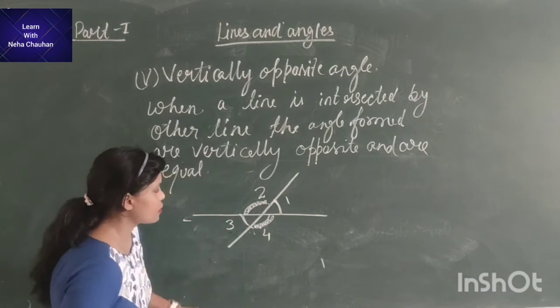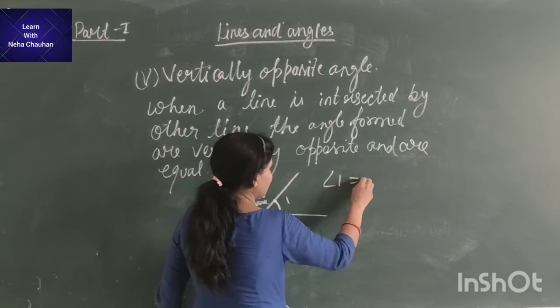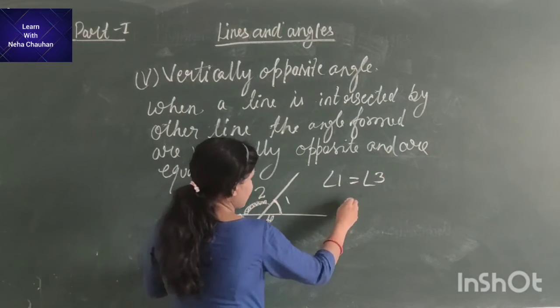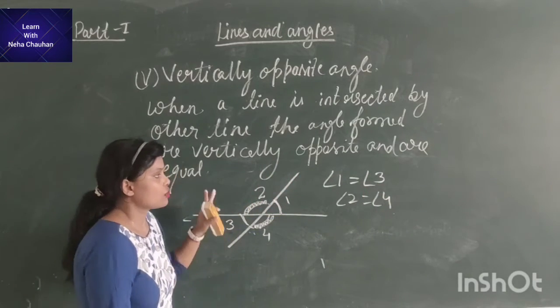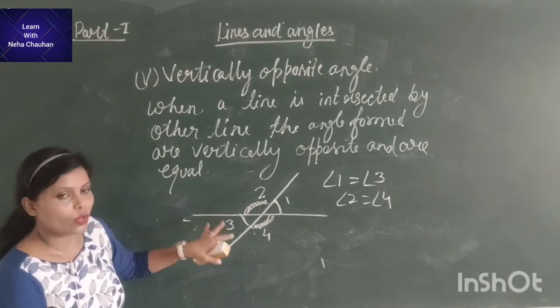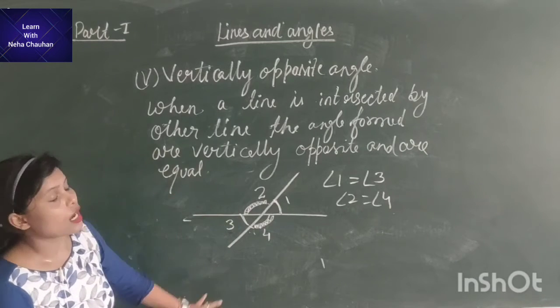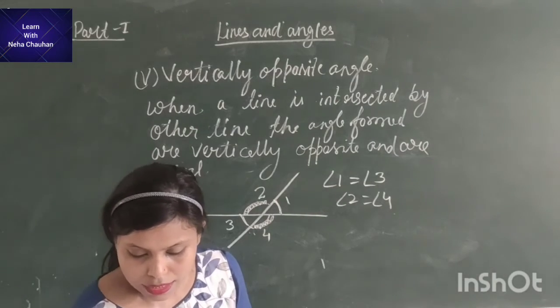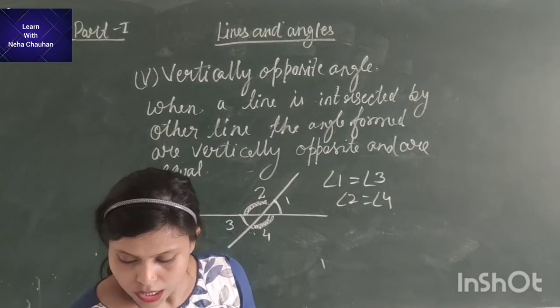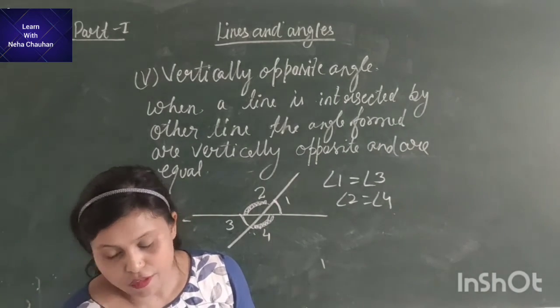So in this condition, angle 1 will be equal to angle 3 and angle 2 will be equal to angle 4. Alright, so this was a property of the vertically opposite angles and these are the angles which are related to this chapter. Let's do some of the questions of exercise 5.1.